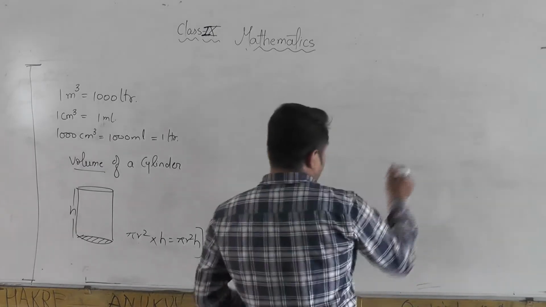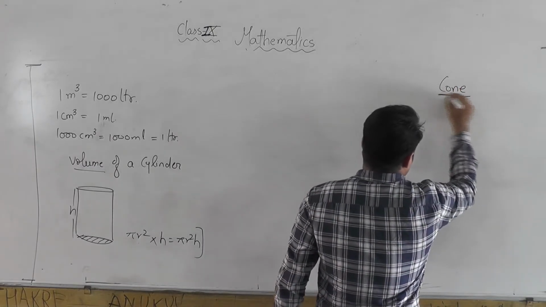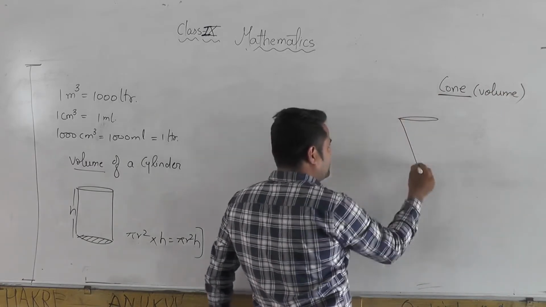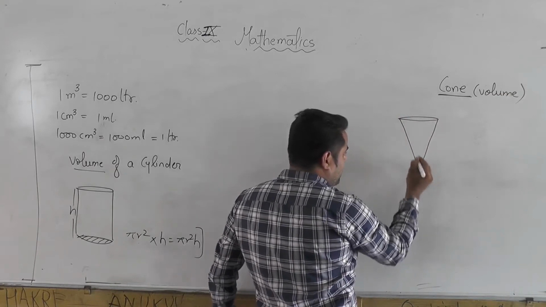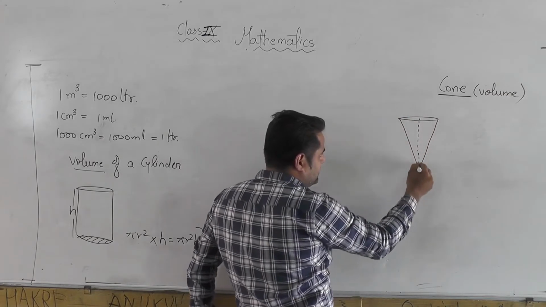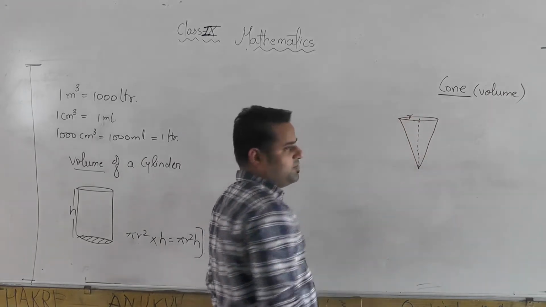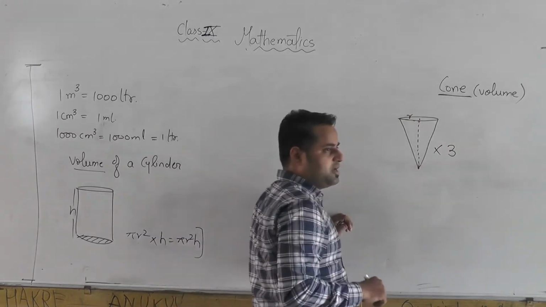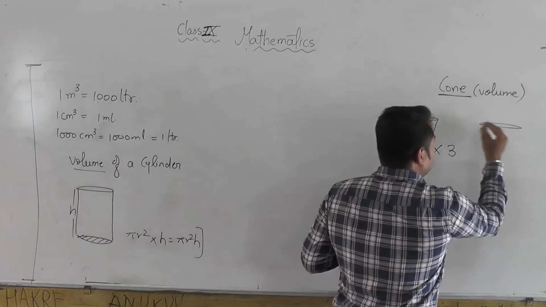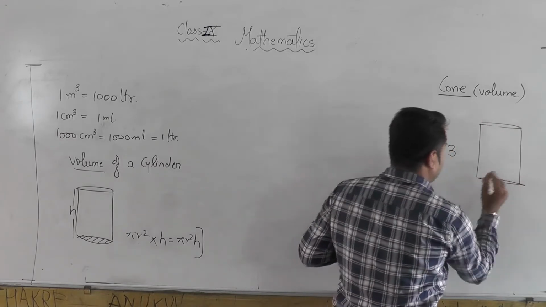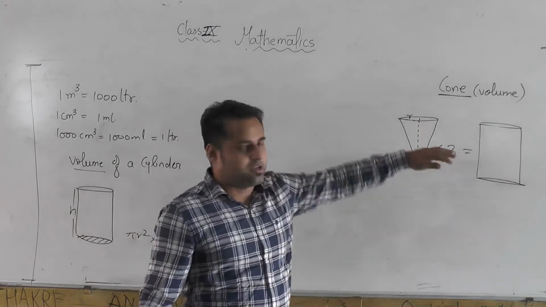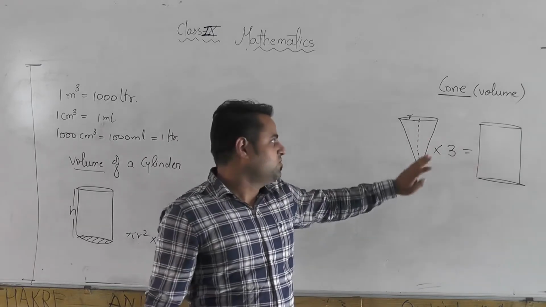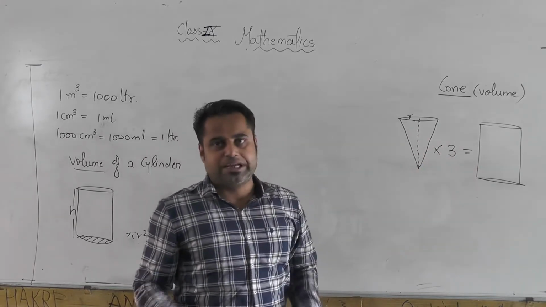Similarly, for the cone, there is a practical approach to find the volume. Since the cone's radius reduces as we move towards the end and goes up to 0, like this, 3 cones can fill a cylinder. 1, 2, 3, you can pour the water taken from the cone into the cylinder 3 times.